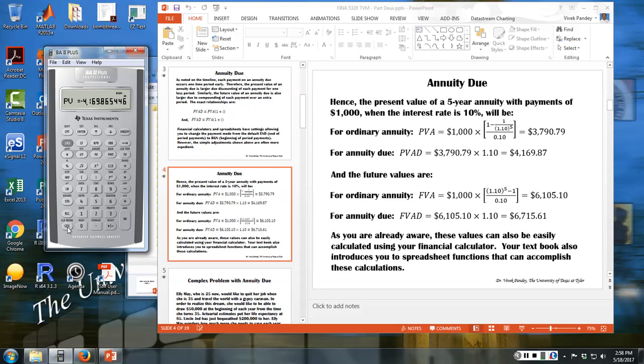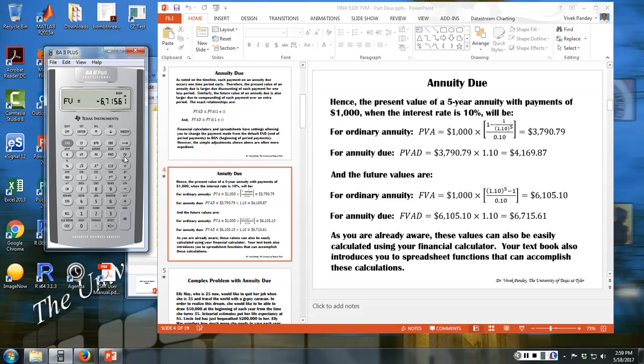Then if I want, I need to go back and second clear FV to clear TVM, and it's still in the begin mode. You can see up on top the screen shows that it's in the begin mode, and we're going to say 1,000 is payment, 5 is N, 10 is I/Y, compute FV.